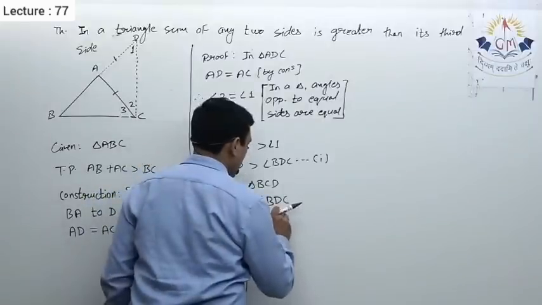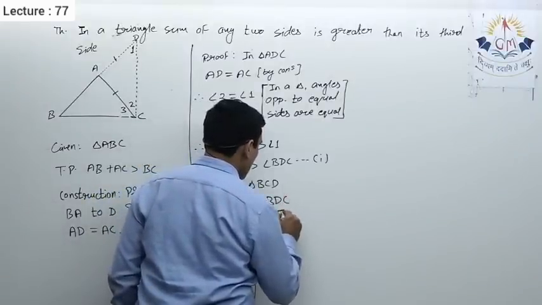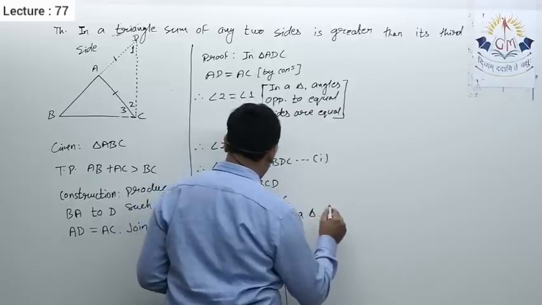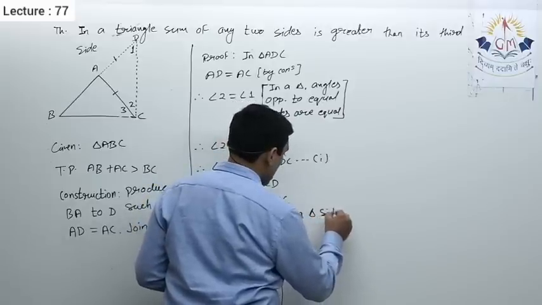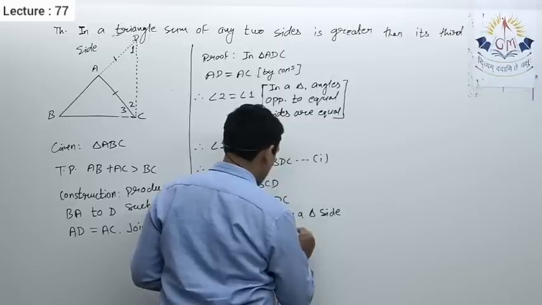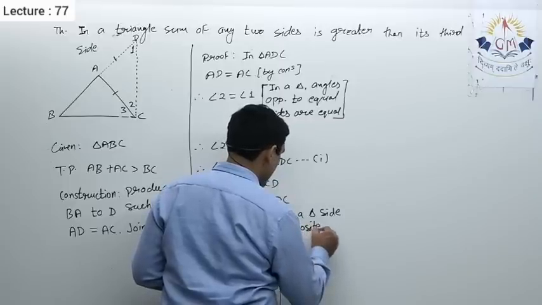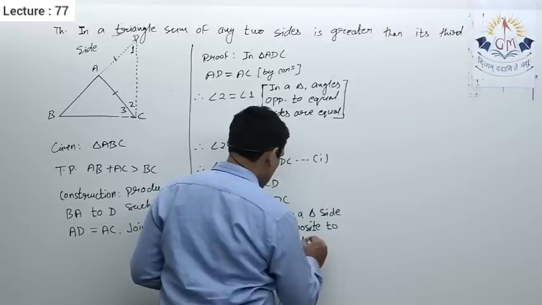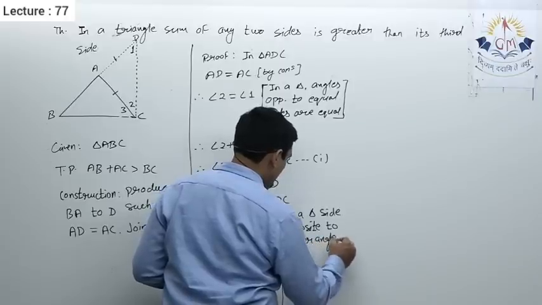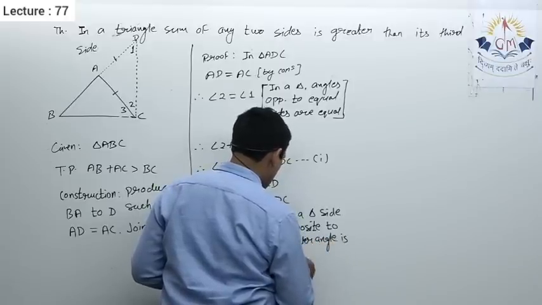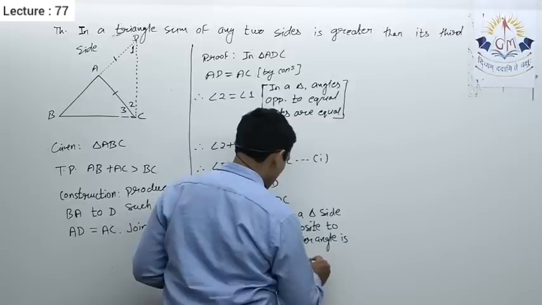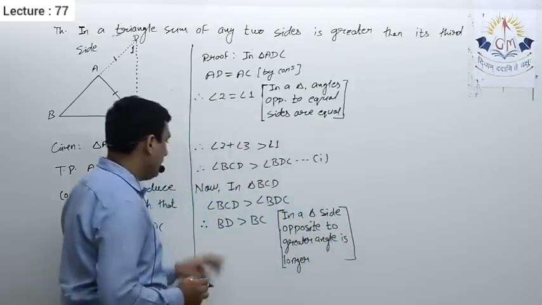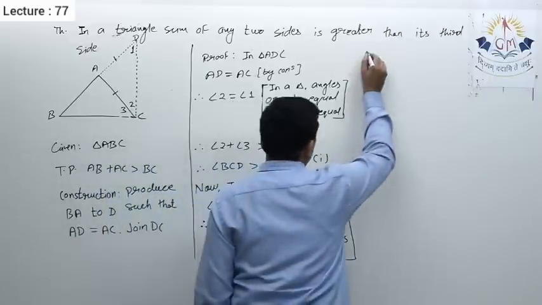So here I will write that reason. In a triangle, side opposite to greater angle is longer. So BD is greater than BC.